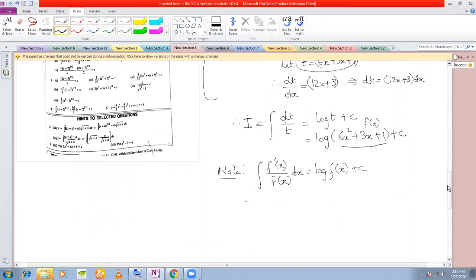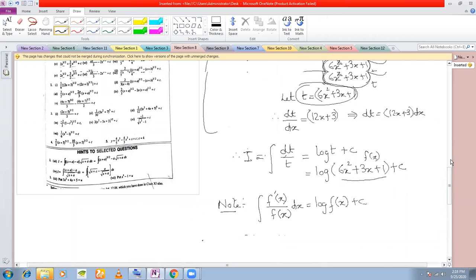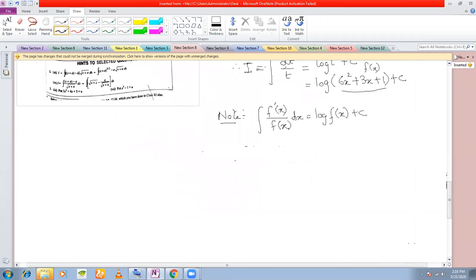Let me give you another example. Suppose I give you this integration of x square by (3x cube plus 4) dx. How will you evaluate this integral?